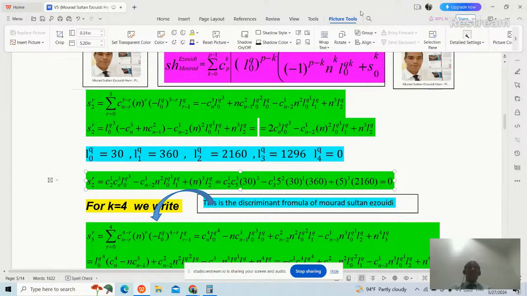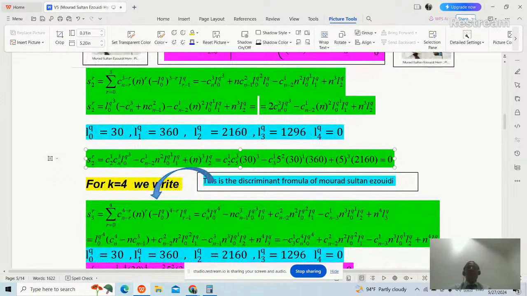This level is very advanced, and we want to make it more brilliant, Mr. Murad, more.